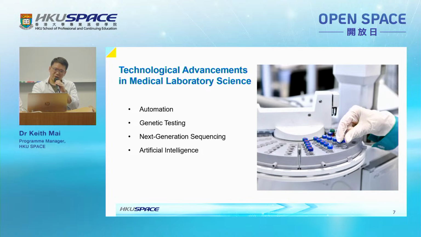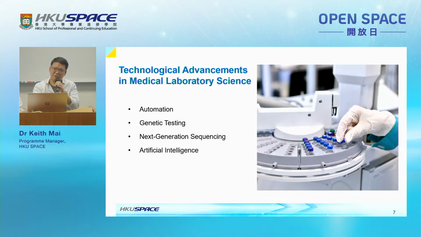Coming up with the new technological advancements in medical laboratory science, we will see a lot more automation, where instead of having all the work being done by hand, there will be more and more machines that replace or aid the work of medical laboratory technologists. We'll also see a lot more genetic testing or molecular testing that look at the molecular level of the disease.